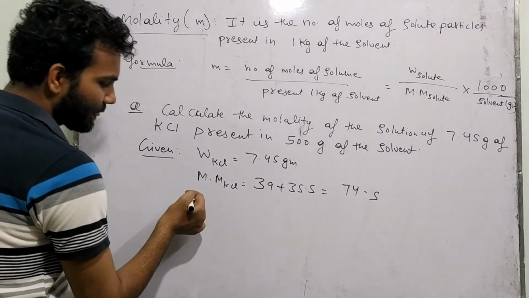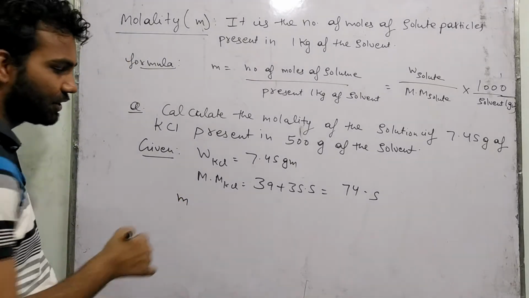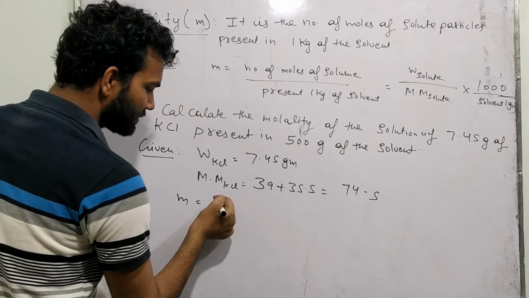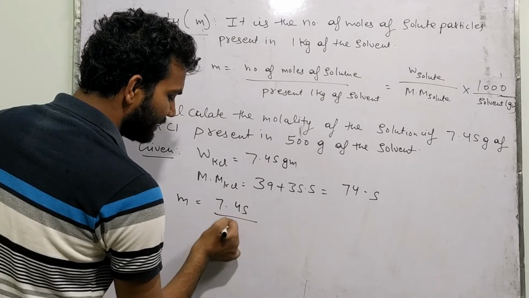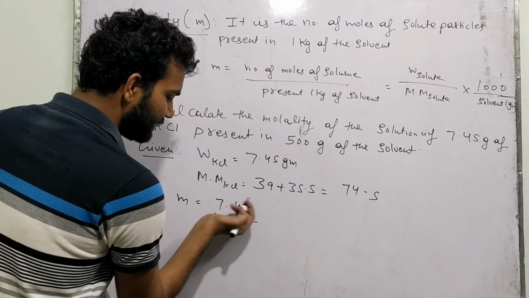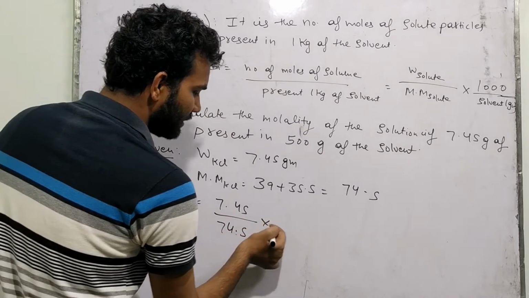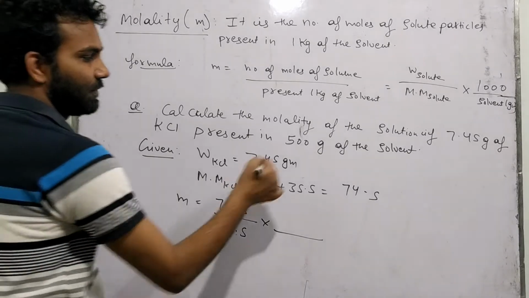क्लियर? नाउ मोलैलिटी इज इक्वल टू number of moles of solute, means W upon molar mass, 7.45 divided by 74.5. Now that is the mass of the solute.